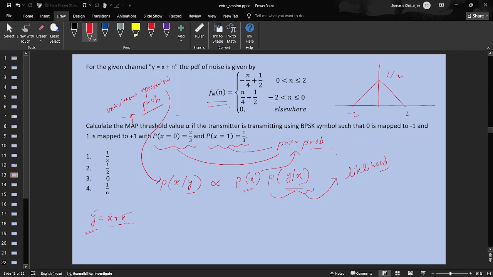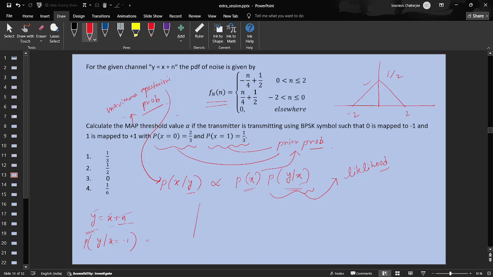So for 0, -1 is being transmitted, so y in that case is going to be p of y given x as -1, which is the same as this PDF shifted with its mean at -1.